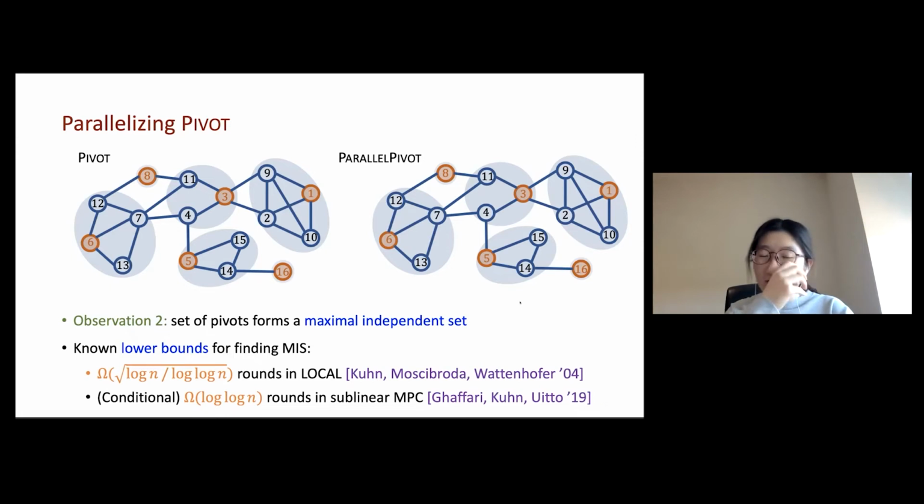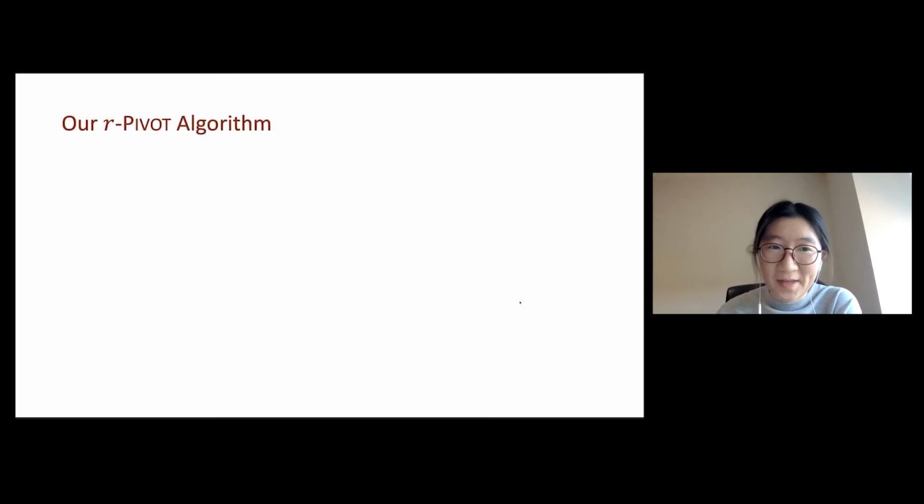So this suggests that if we want to design a constant round approximation for correlation clustering, then it's not a good idea to use all the pivots that are found by the original pivot algorithm. So this idea actually inspires our R-pivot algorithm, which is a truncated version of the parallel pivot.